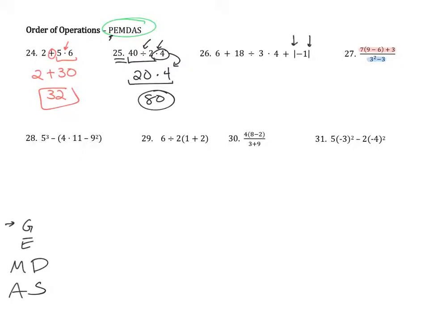As I already mentioned for example 26, these absolute value bars represent grouping symbols, so we need to take care of that first. So why don't we take care of that? The absolute value of -1, it's the distance from 0, it's 1 away from 0, or you think of it, absolute values turn any number into a positive number.